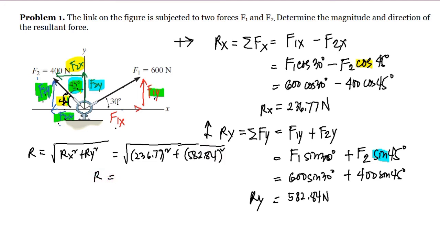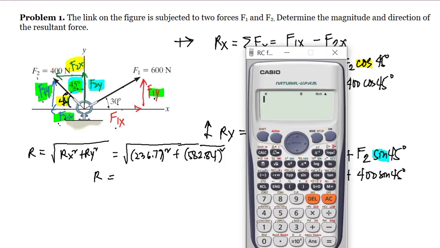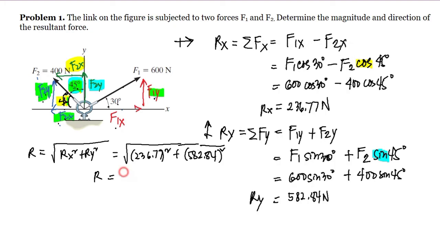Computing for the value of R, it is the square root of 236.77 squared plus 582.84 squared, and we have 629.10 Newton. This is our answer for the magnitude of the resultant force.